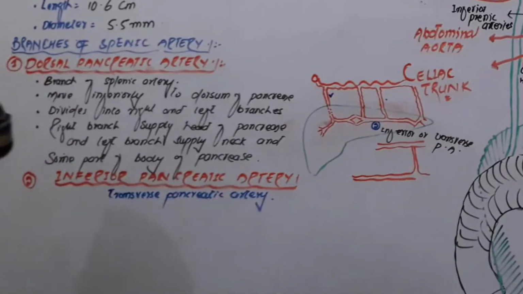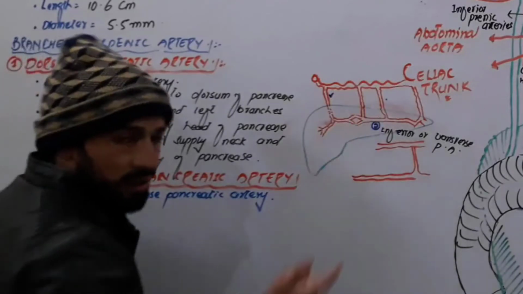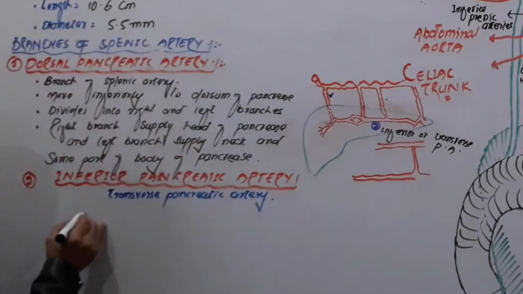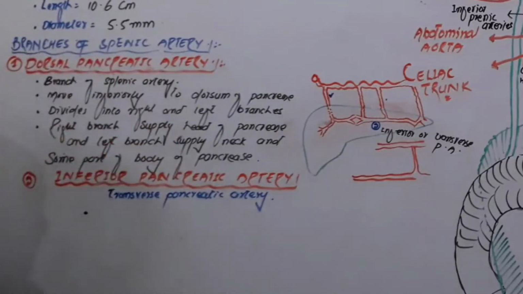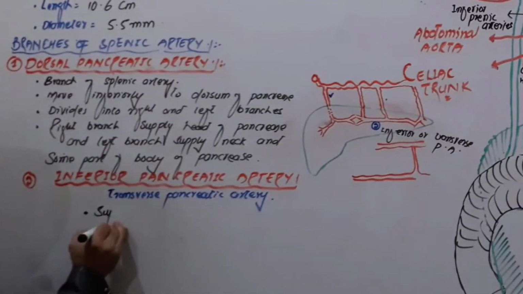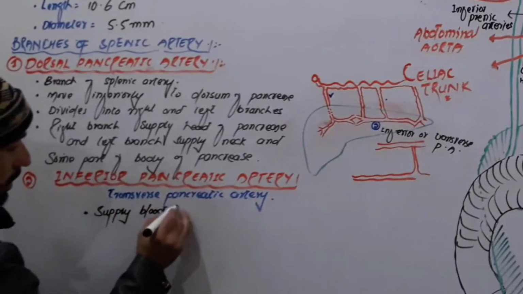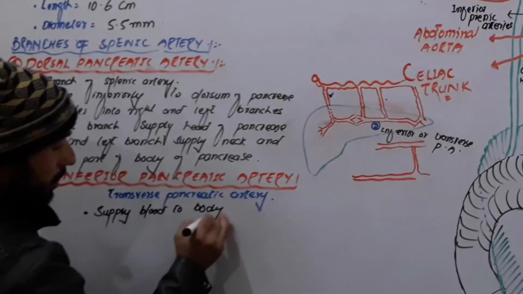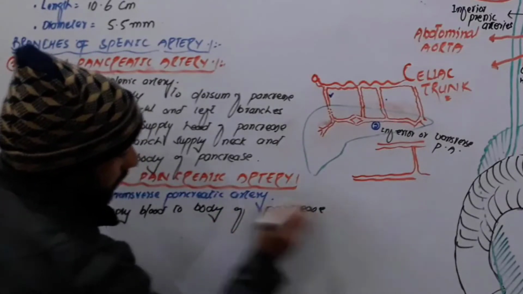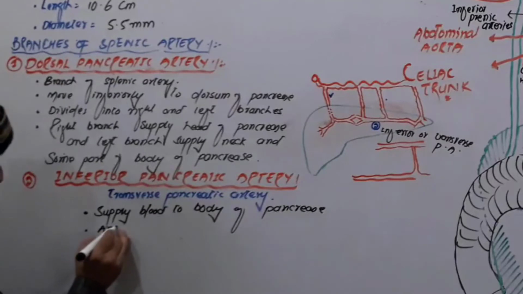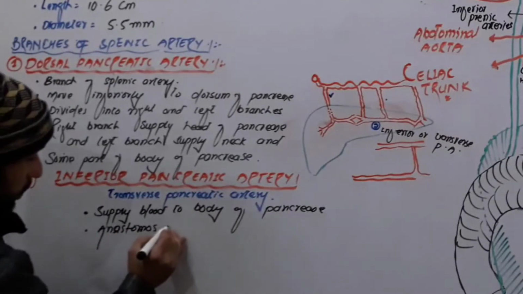Okay, so what are the most important points? I have told you, we are not wasting your time. So this artery is mostly responsible to supply blood to the body of pancreas, and it anastomoses with what?